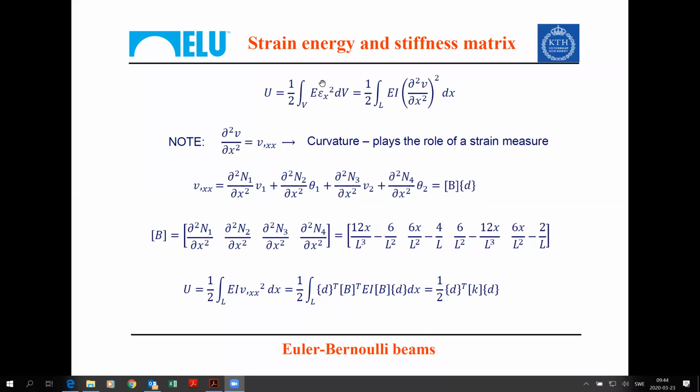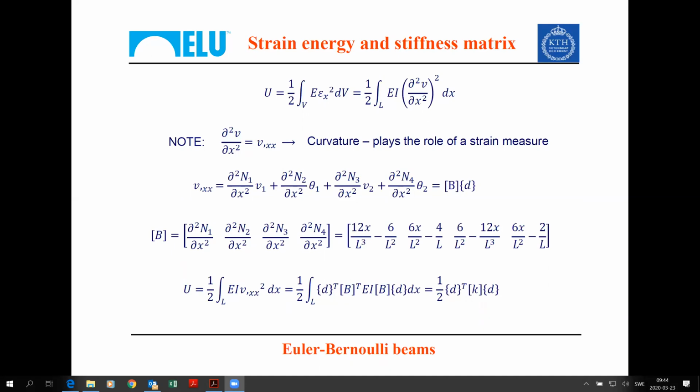And if I replace this expression here and then integrate over the area, the term y squared dA will give me the second moment of inertia, and then I'm left with d2v dx2 squared, the second derivative of v. Is it a bit more clear?